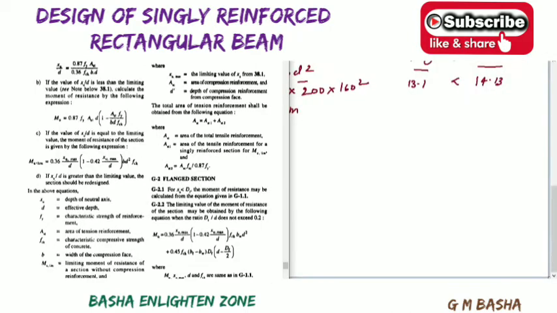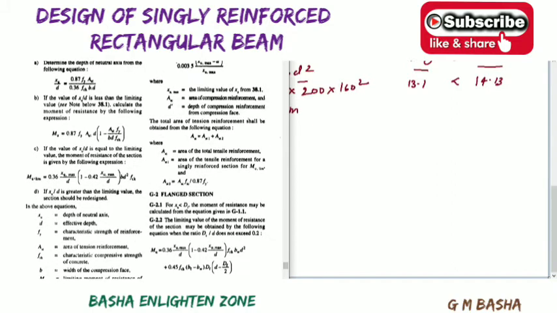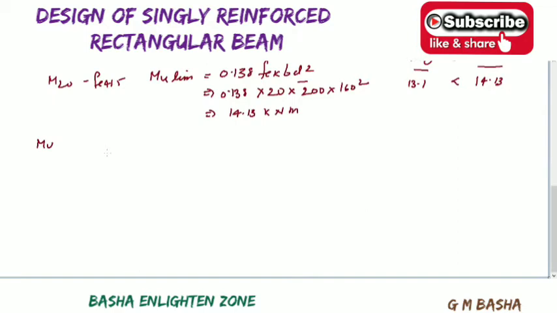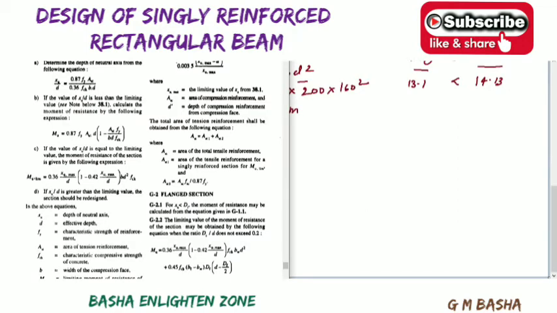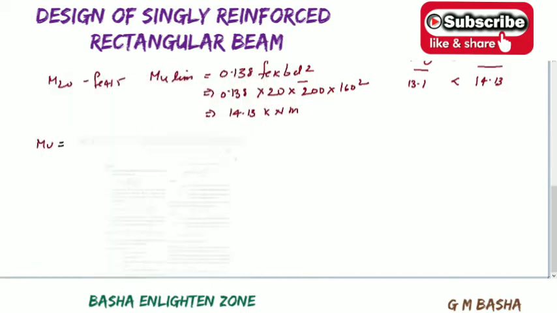See here this formula: Mu equal to 0.87 fy area of the steel d into 1 minus area of the steel fy by b d. Take down that formula as it is.